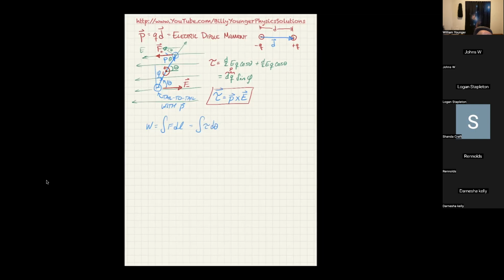And when you do that, you end up getting basically negative P dot E. So it turns out that the potential energy U stored in a dipole immersed in an electric field is negative P dot E. So that's another vector form we wanted you to know and be able to use. That means you need to be able to create vectors and all that cool stuff and do that.